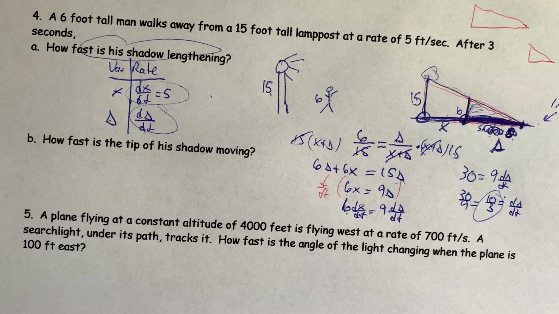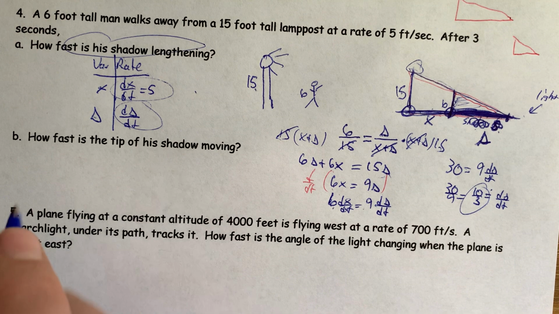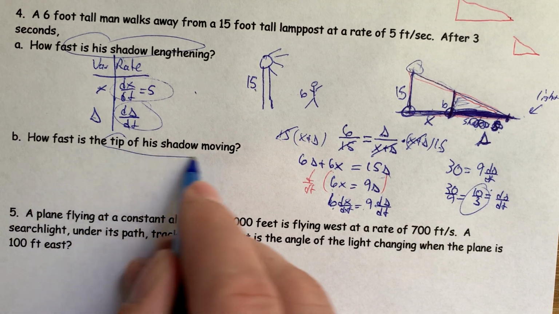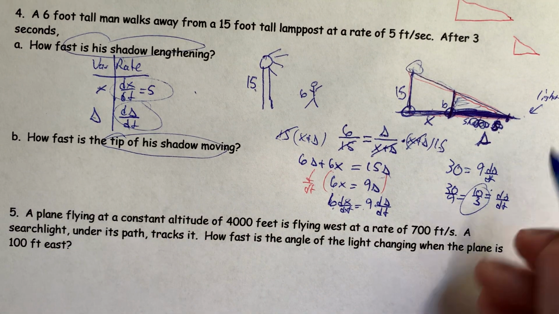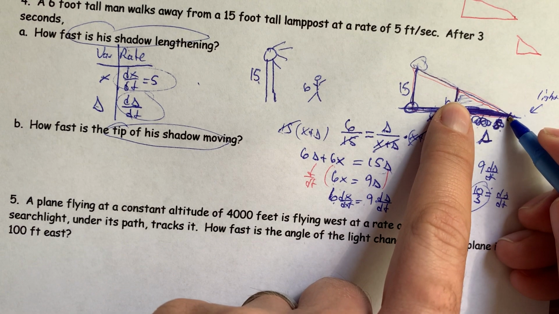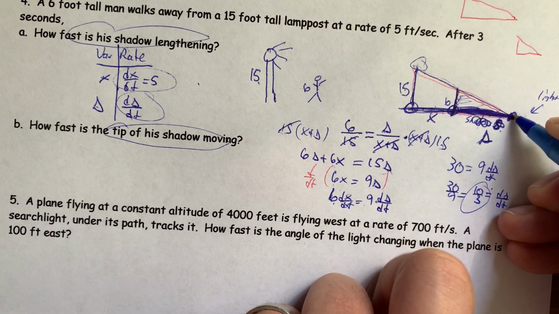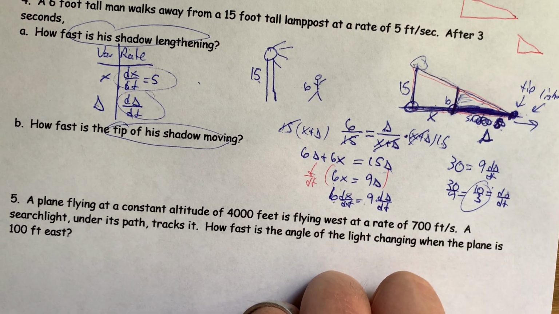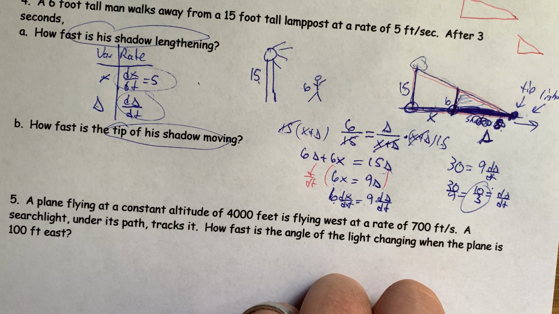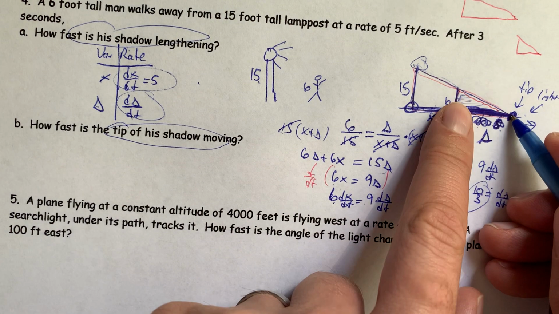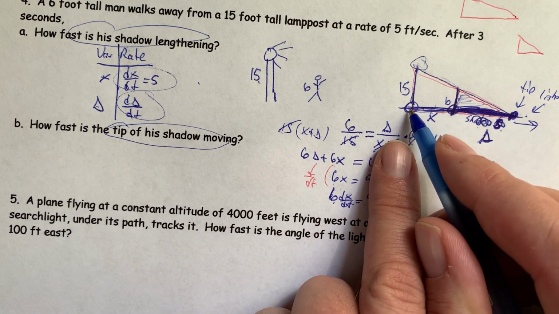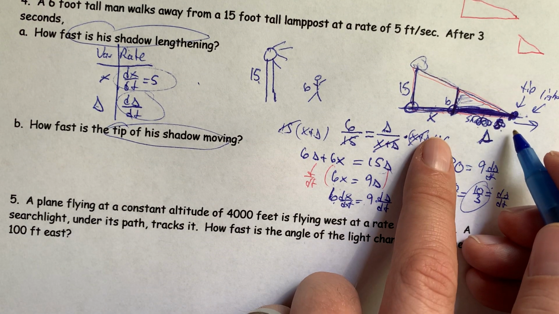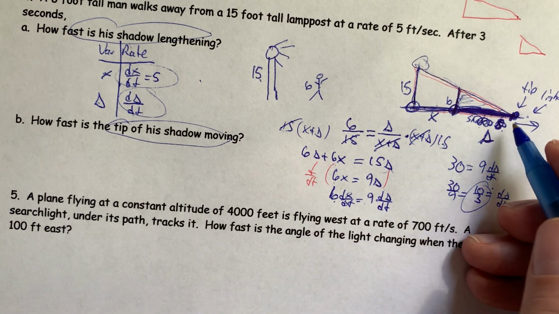Now, a slightly different question that we could ask is, how fast is the tip of his shadow moving? S is the length of his shadow. That is not this. Here's the tip of his shadow. How fast is it moving along the ground? Well, it's not just how much it's getting longer, because he's also moving.